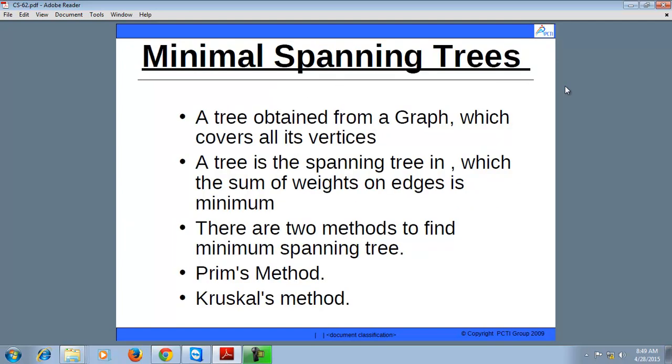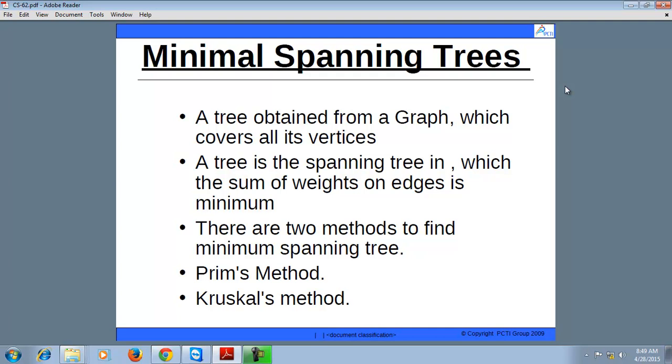Now, if we talk about a minimum spanning tree, then it is the tree obtained from a graph, firstly, which covers all its vertices. For example, if we have 4 vertices, then the tree obtained from this graph in which all the vertices are covered, and it is the spanning tree in which the sum of weight of edges is minimum.